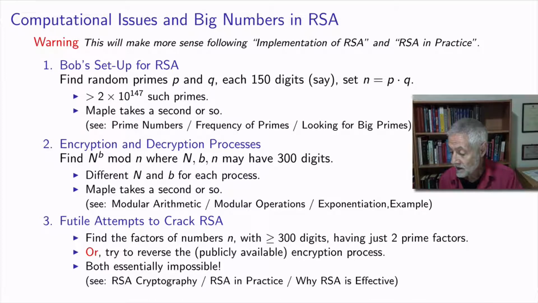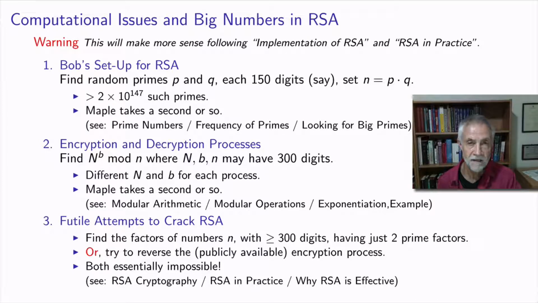Another possibility would be to just take the encrypted message, which again, for example, if Alice is sending Bob a message, the encrypted message can be made publicly available, and then to just check all possible numbers or messages that may have given that encrypted message. Again, this is believed to be equally difficult in terms of calculation time to the factorizing problem.